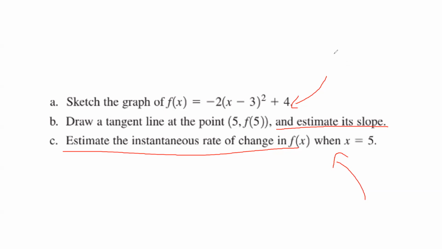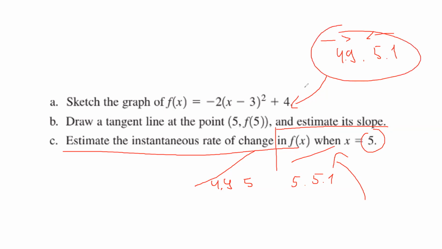For this one, you would estimate a slope by taking values to the left and to the right, and getting these values as close to each other as possible. For the instantaneous rate of change, you're going to take 4.9 and 5, and 5 and 5.1. So the slope of this is going to be close to this, and somewhere in between, again, would be the instantaneous rate of change at this point.